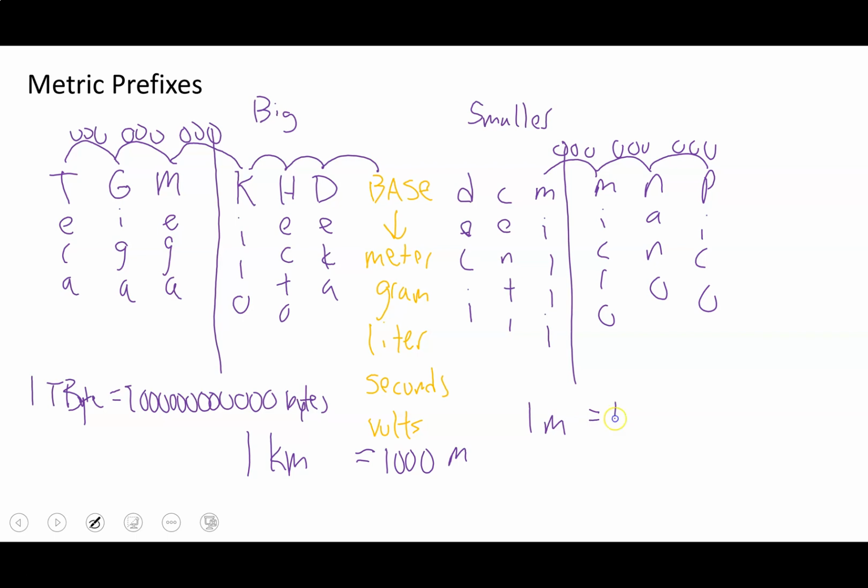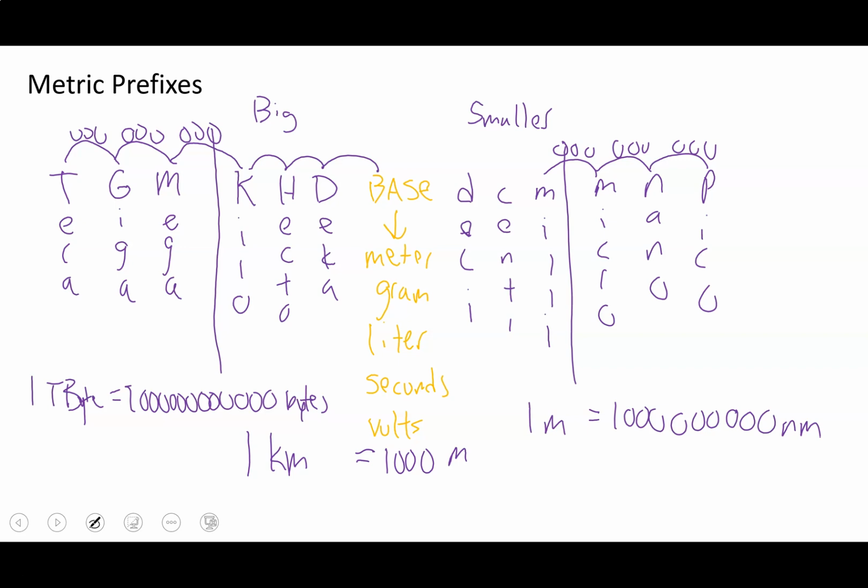It would be 1, 2, 3, that's the 3 jumps to get us to milli, micro, nano. So 1 meter is that many nanometers. It's an extremely large number of nanometers to make 1 meter, because the meter is bigger than the small nanometer.